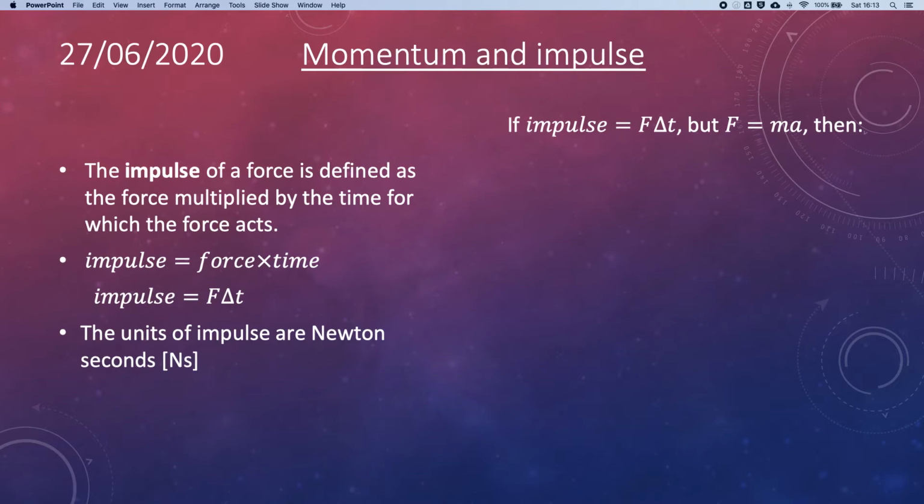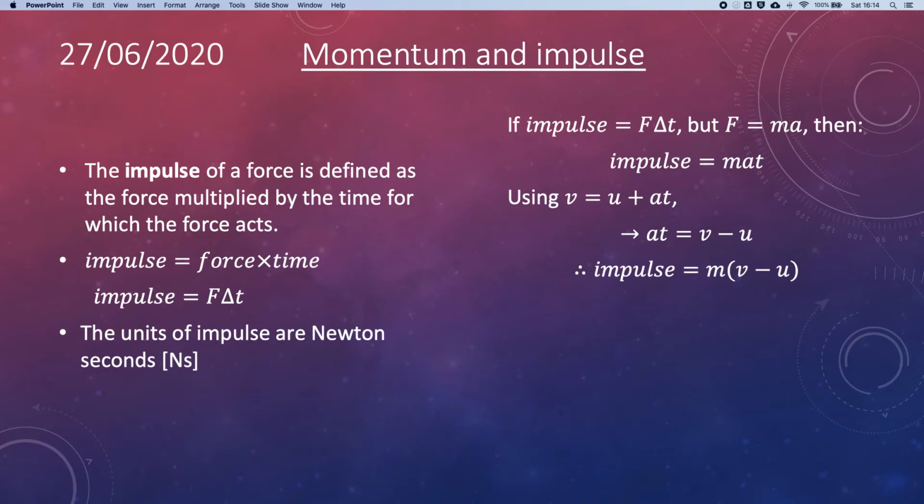As a bit of an aside, if impulse is F delta t, we also know that Newton's second law is F equals ma. So we know that impulse has got to be, substituting in, mat, mass times acceleration times time. If we use the SUVAT equation, v equals u plus at, and rearrange it for at, we get v minus u. So if I substitute that at into the impulse formula above, I get impulse equals m brackets v minus u.